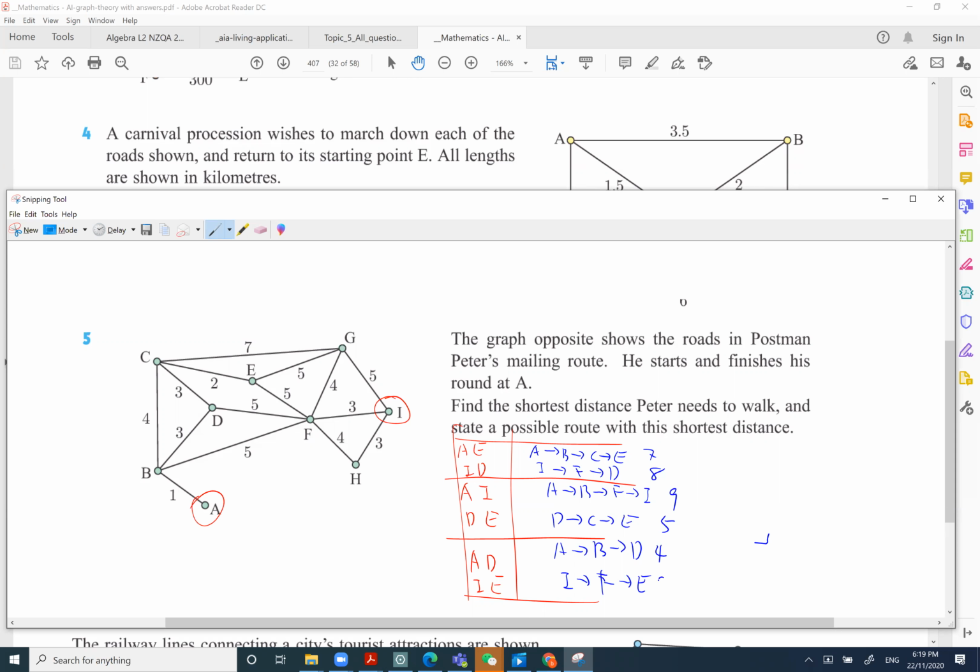So this one, the shortest one, 12, 14, 15. So you need to repeat AD and IE. Okay.